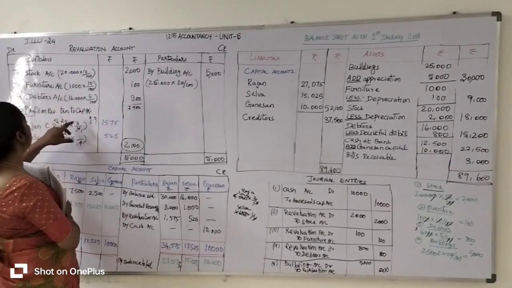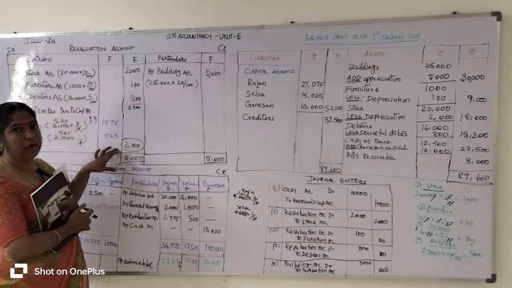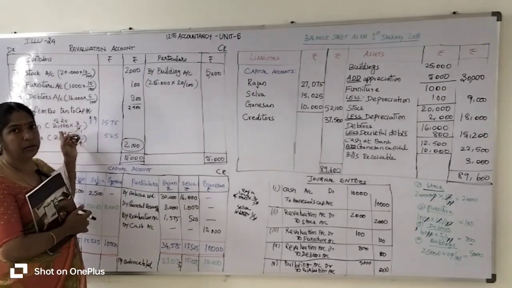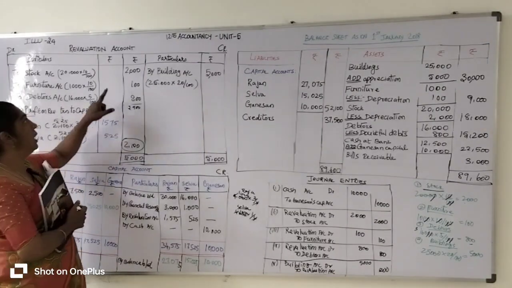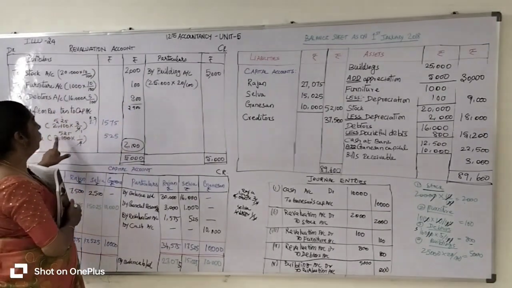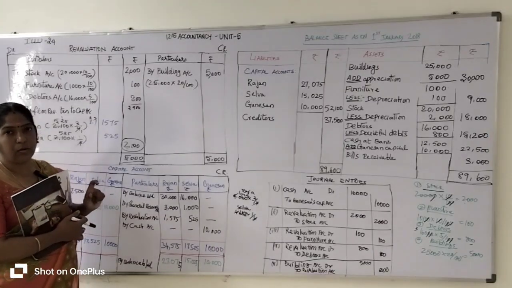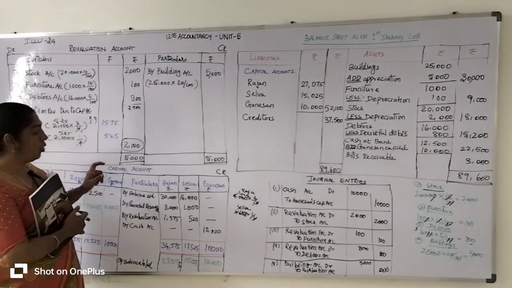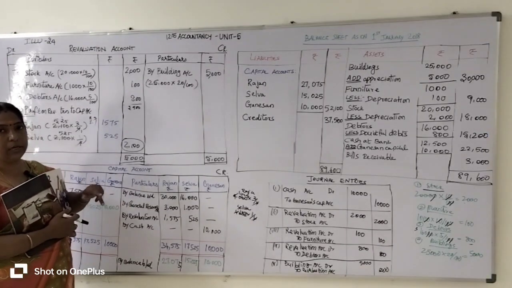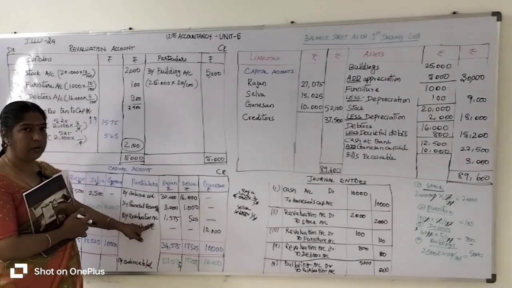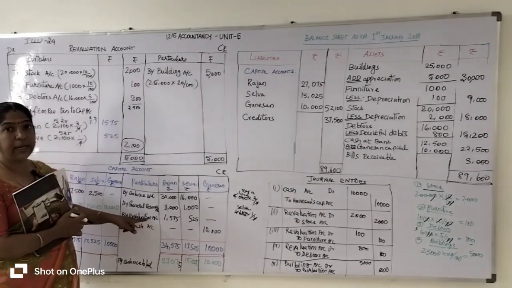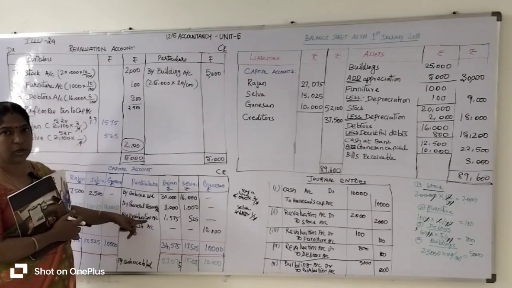Because we found the profit on revaluation on the debit side of the revaluation account. So what is the journal entry? Revaluation account debit to old partners' capital account. The old partners' capital account is on the credit side, so on the credit side of the capital account we enter the opposite account, revaluation account.